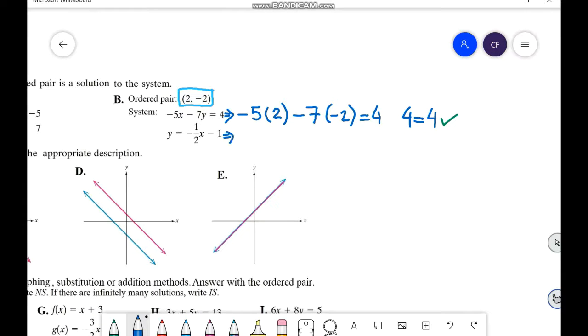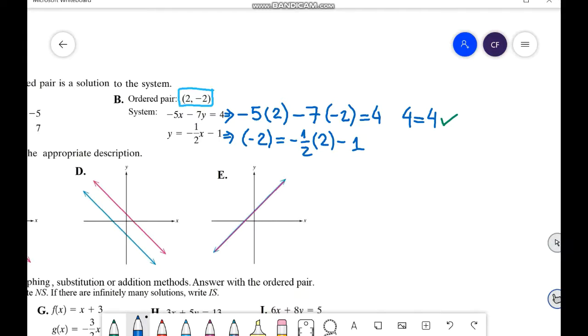Now let's check the next one. The next one we will check is y equals negative 1 over 2 x minus 1. Plug in y is negative 2 equals negative 1 over 2 times x equals 2, minus 1. Negative 1 over 2 times 2 is negative 1.